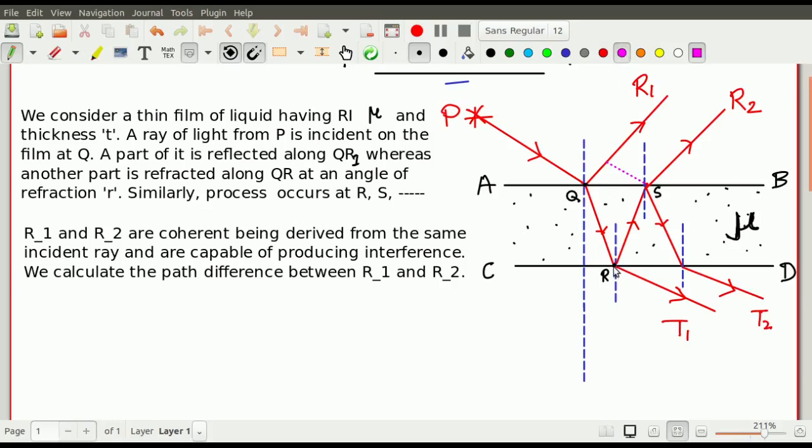All the extra extensions I draw in magenta color, as magenta dotted lines.